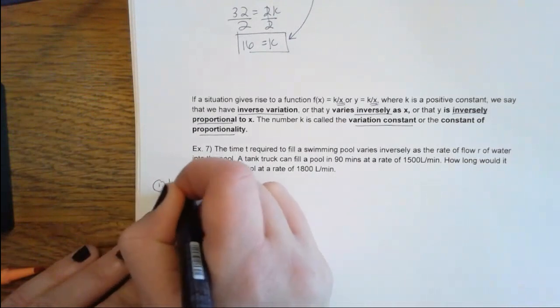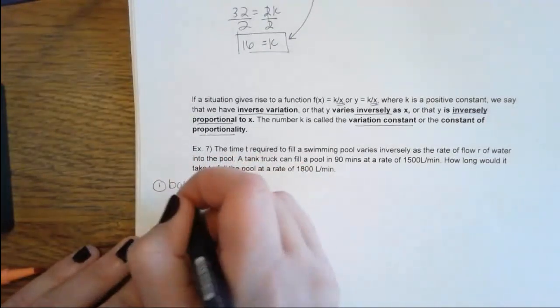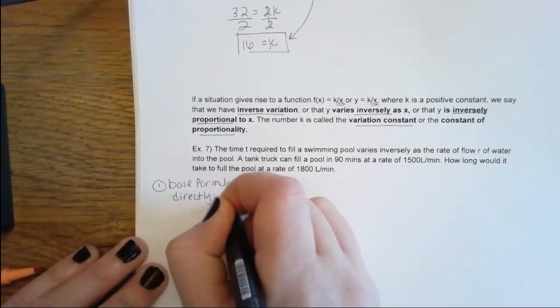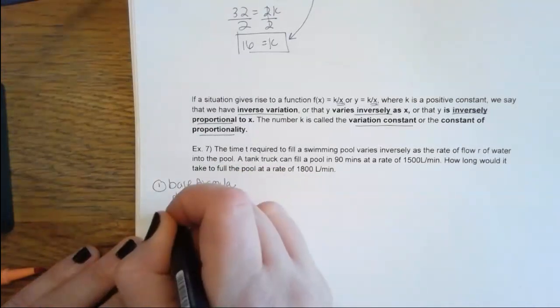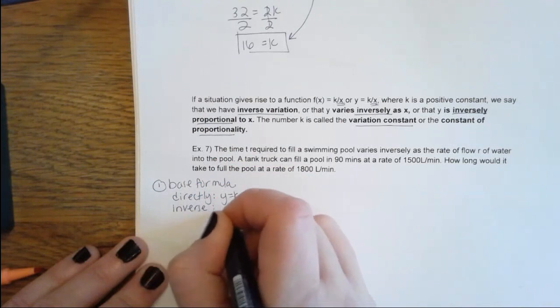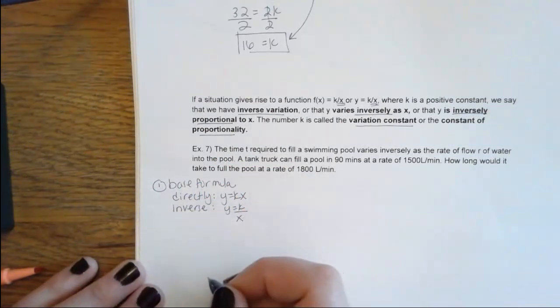The first thing you need to figure out is your base formula. There are two key words: when you see something like directly, you want to think about k as a multiplier with x. And when you hear inversely, or sometimes I'll say indirectly, you want to think about x being in the denominator.